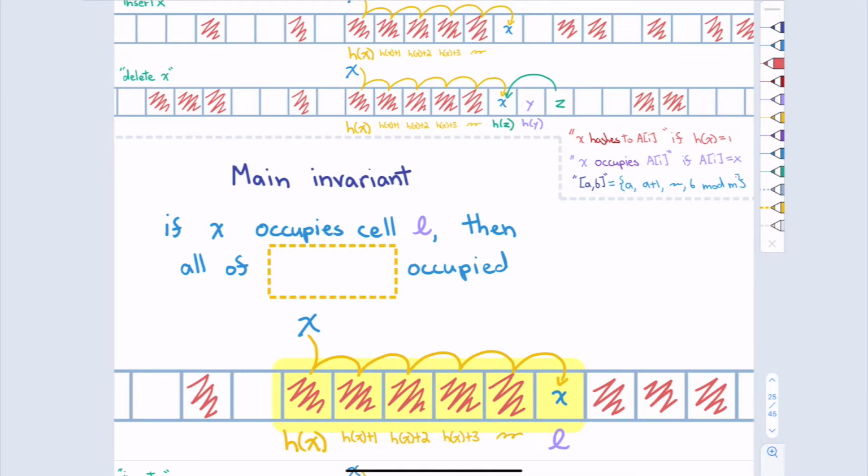And the deletion was designed particularly to maintain this invariant. So we always have that the entire interval between h of x and where it ends up is occupied. All right, that's, I think, the main thing we'll need to carry with us.